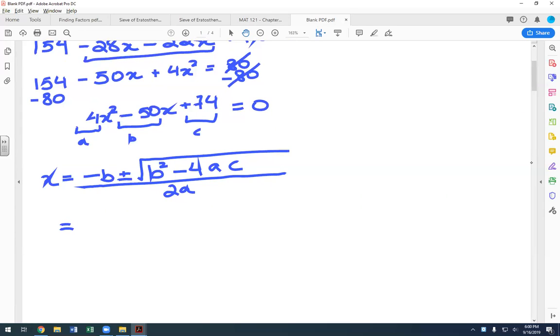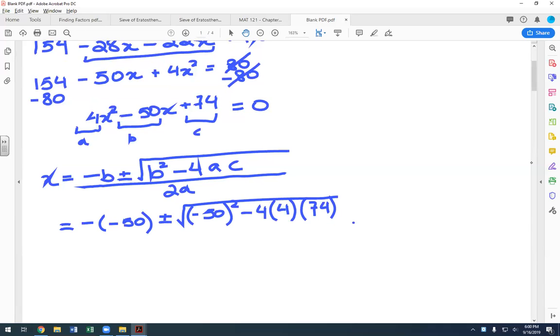So remember, you've got negative B from the quadratic formula and then negative coming from the 50 itself. So you should have 2 negative signs. All right, plus or minus. We've got negative 50 squared minus 4 times A. A in this case is going to be 4.